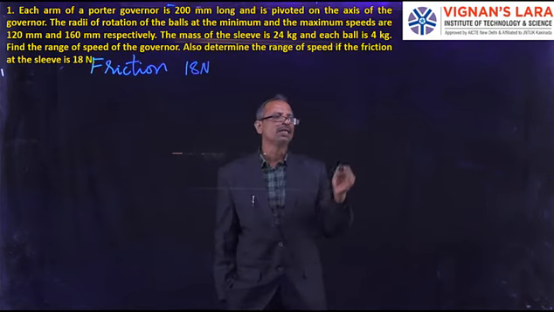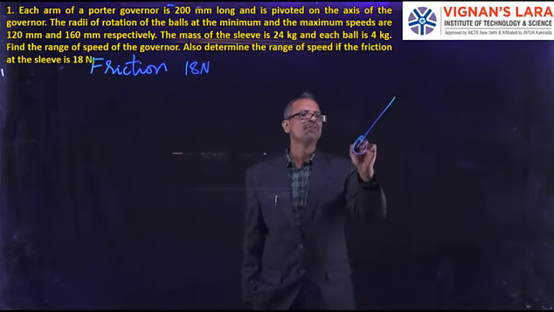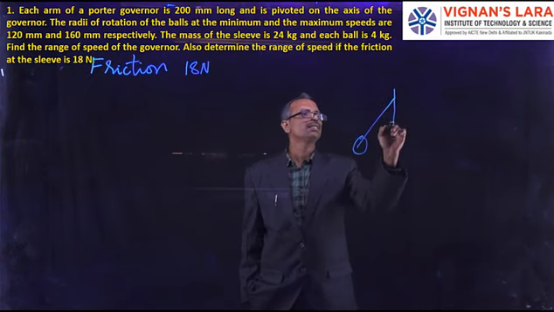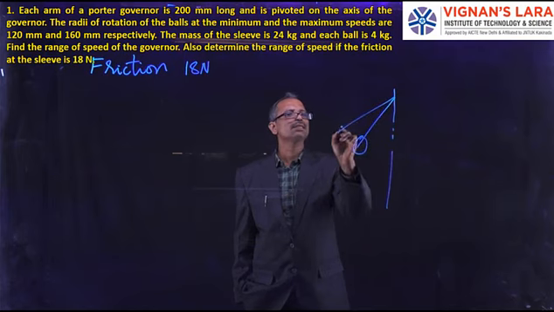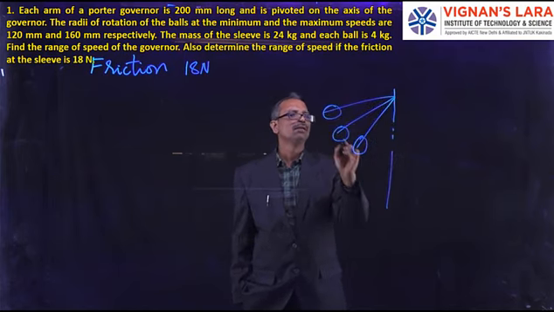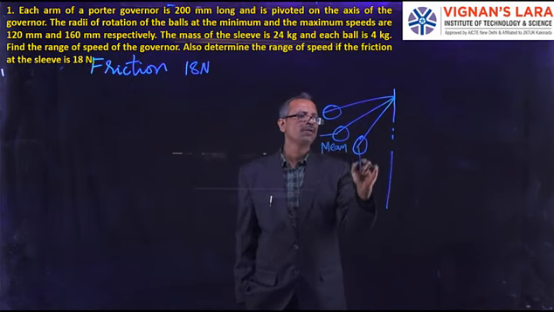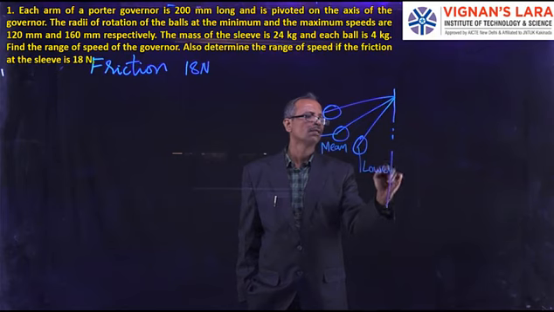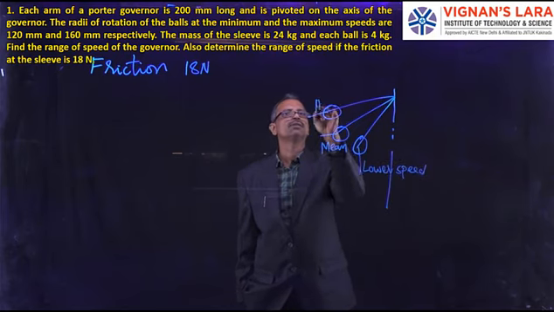Let us see. Suppose the balls are moving down, say this is the mean position, with the lower speed and higher speed positions.